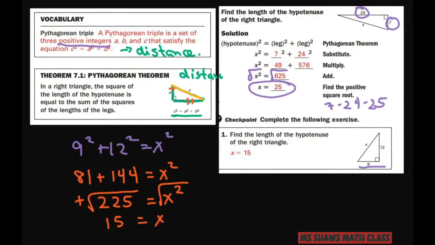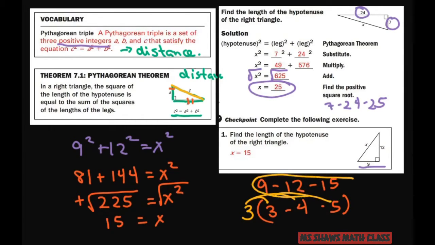And this is also a Pythagorean triple. You have 9, 12, and 15. If you divide these by 3, you get 3, 4, 5. And 3, 4, 5 is a Pythagorean triple. And if you multiply that by 3, you get this.